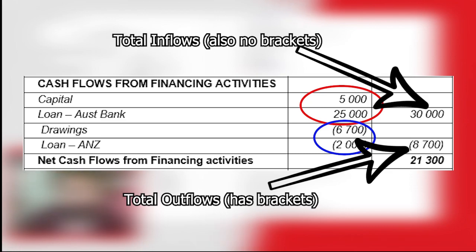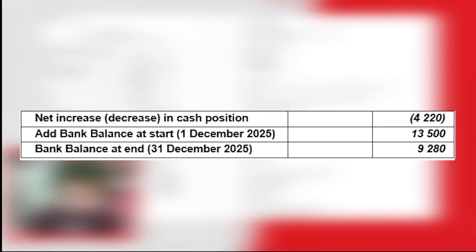And the net cash flow from that is 21,300. And they're all in bold, and those are the three we're going to add. So if we look below, we see the net increase or decrease in brackets in cash position for the period.